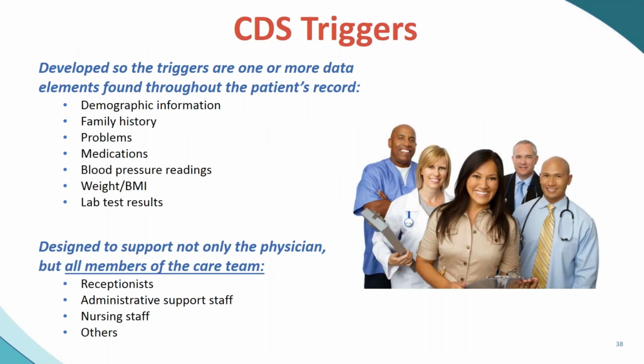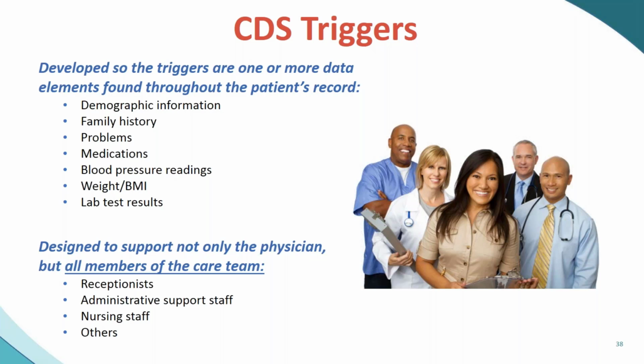Within most EHRs, the triggers for a CDS rule, a clinical decision support rule, are your demographics information. The demographics, the age, the race, the sex of the patient are critical, so when the patient is being received or keyed into the system, that information must not only be there but also be correct. Family history can be a driver for some of these CDS rules.